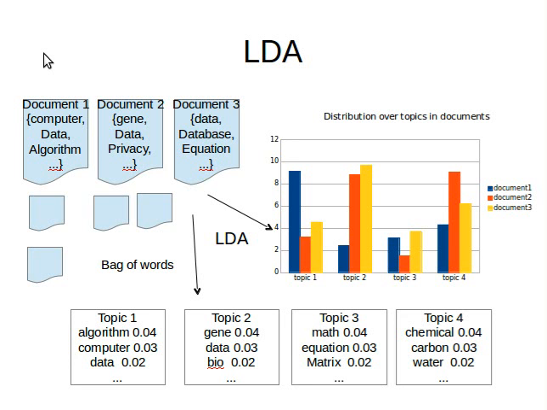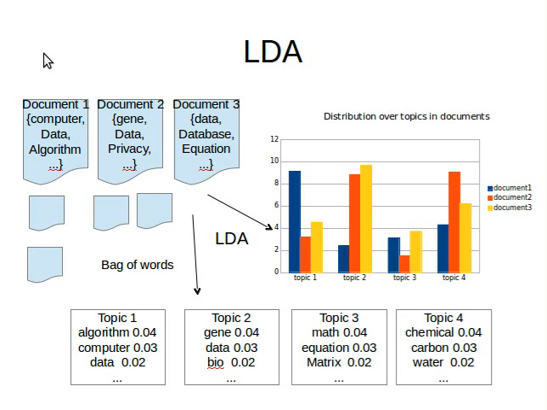A topic is modeled as a distribution over a large vocabulary that includes every word that shows up in one of those documents. But normally the vocabulary set is very huge, so normally a topic is shown as the most frequent words from that topic.